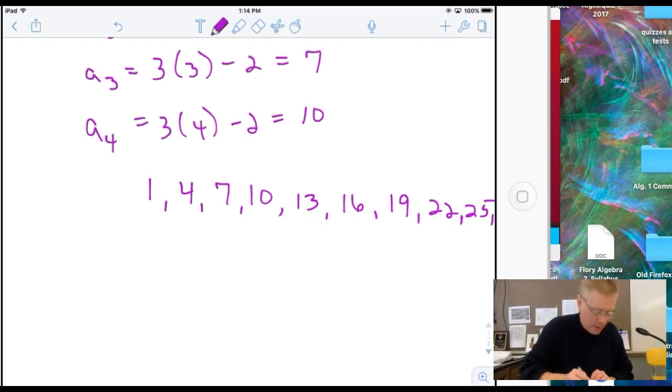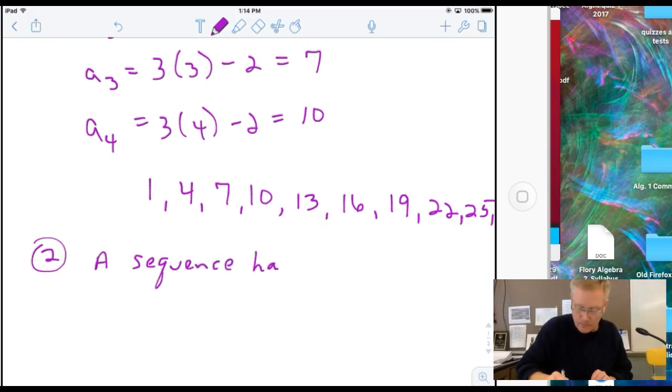And the beautiful thing about an explicit formula is you can do problems like this one, number 2, where it says the sequence has an explicit formula of a of n equals 12n plus 3.